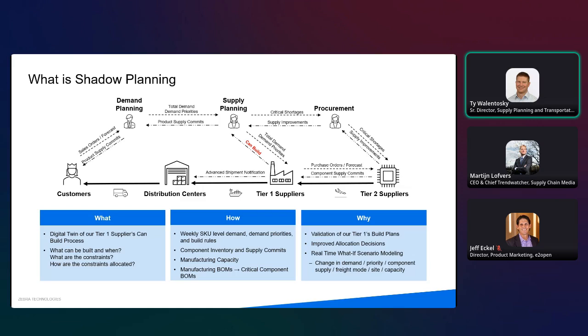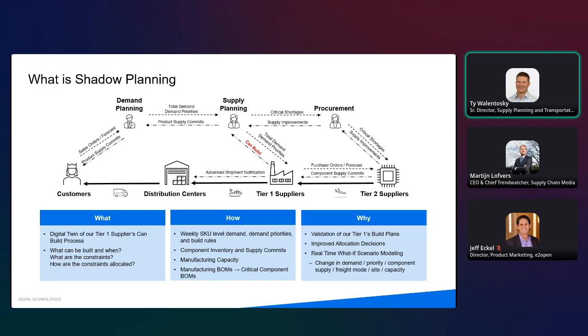So we send this total demand signal, we send a prioritized list of demands, and then ultimately we rely on our tier 1 suppliers to take all that information, to look at their component supply, and decide what they can build, and when, and send those commits back to us, right? What we found over time is that we really want to understand more about how our tier 1s are developing that can-build.